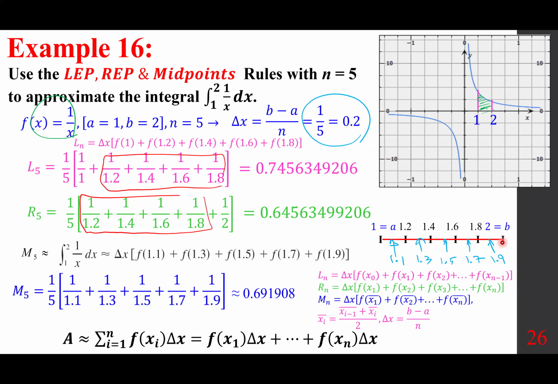The right endpoints, use the functional value at all of this except a. So take a look. Left endpoints uses the a not b. This one uses b not a. And the midpoint, if you come up with the first midpoint, then you add the delta x.